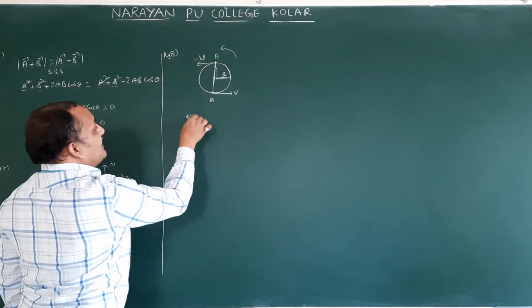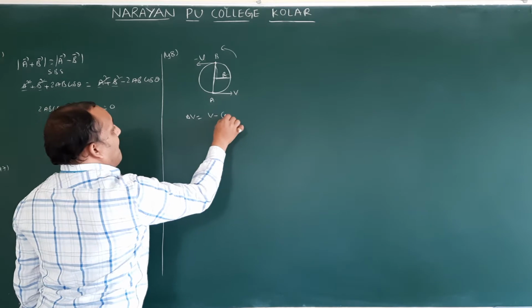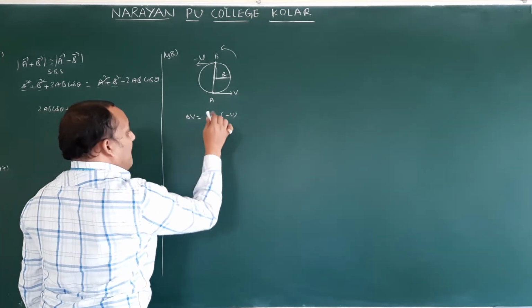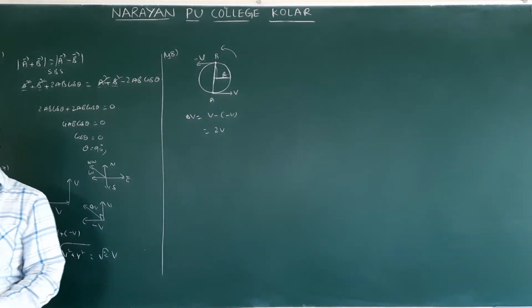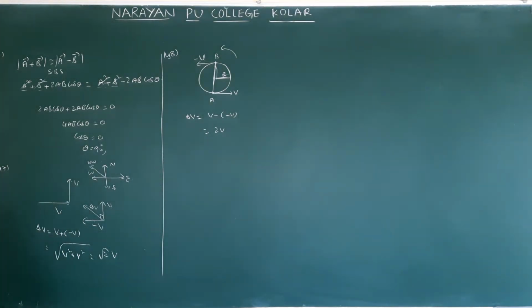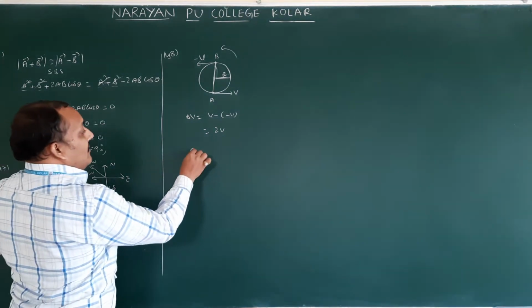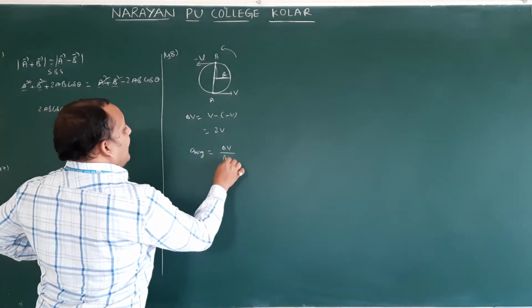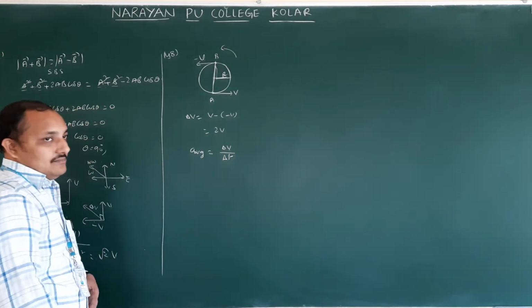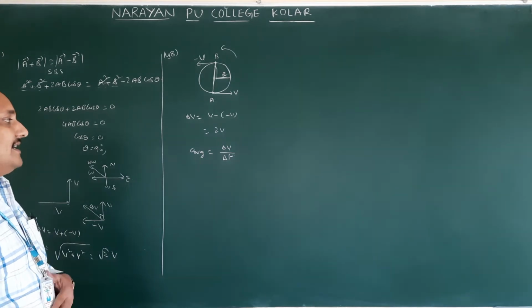What is the change in velocity? 2v, a minus b we will write. So the change in velocity is 2v. What we have to find is the average acceleration. Average acceleration, you know the formula: acceleration equals delta v by delta t, change in velocity by change in time.